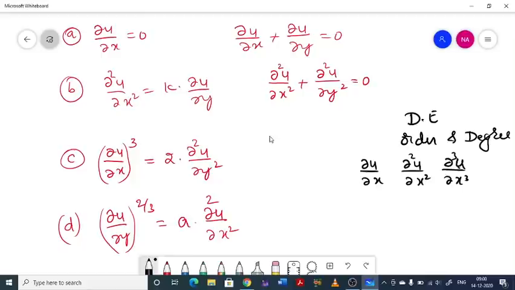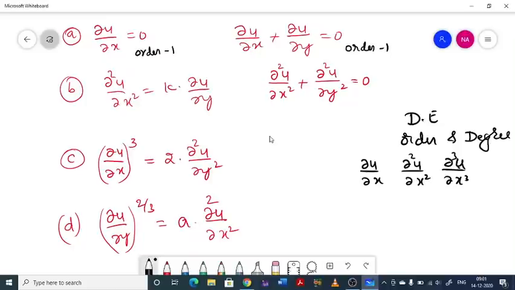For example, you can take this one, dou u by dou x. Which order derivative is here? It is a first order derivative. So the order of this equation is 1. Now come to this first order derivative term, so here also order is 1.